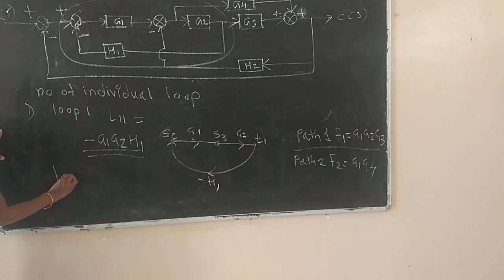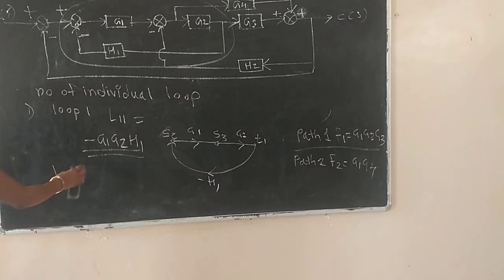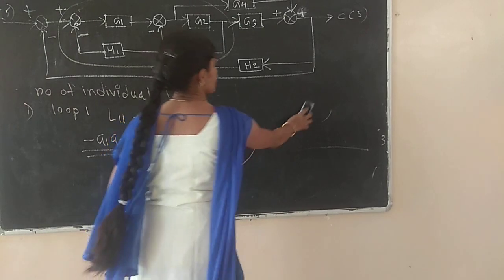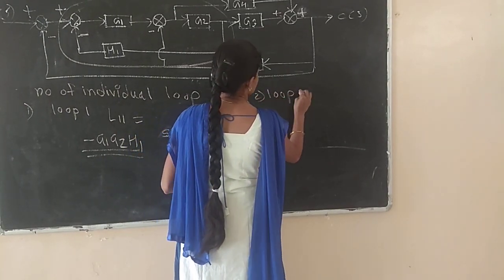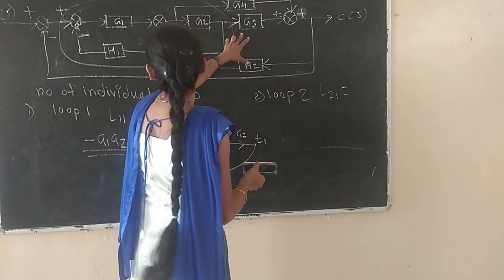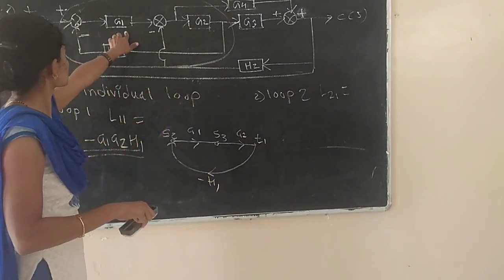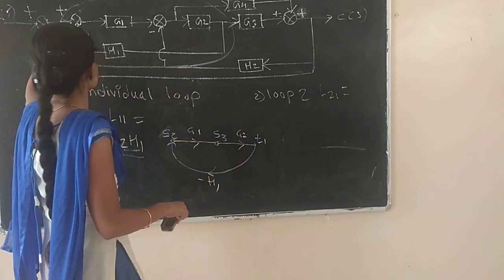Then we find the second loop, L21. The second loop is G1, G2, G3 and minus.